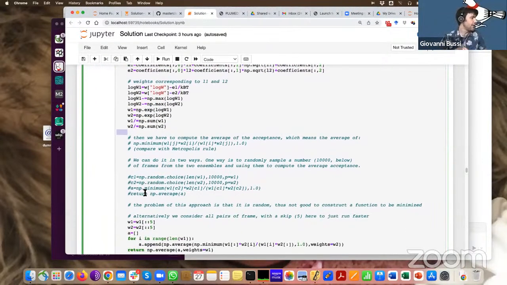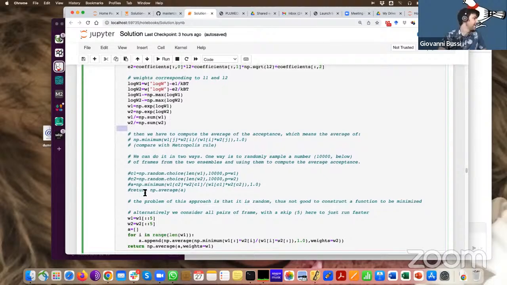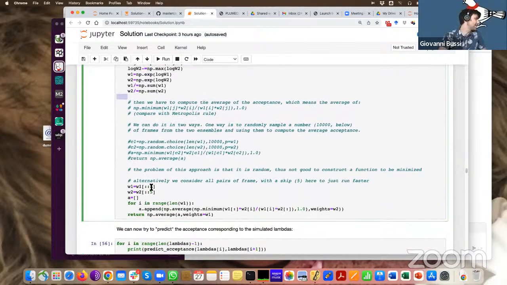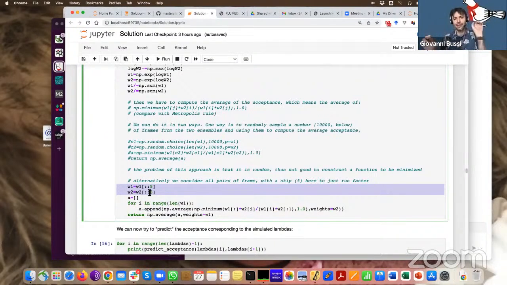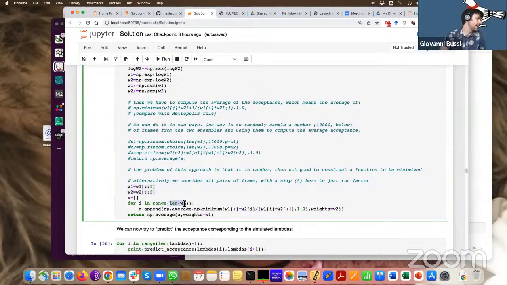Now I have to compute the acceptance. I did it in 2 different ways, but I would suggest this one to do a minimization. I have to consider pairs of states from one ensemble and from the other. I did it with a double loop.